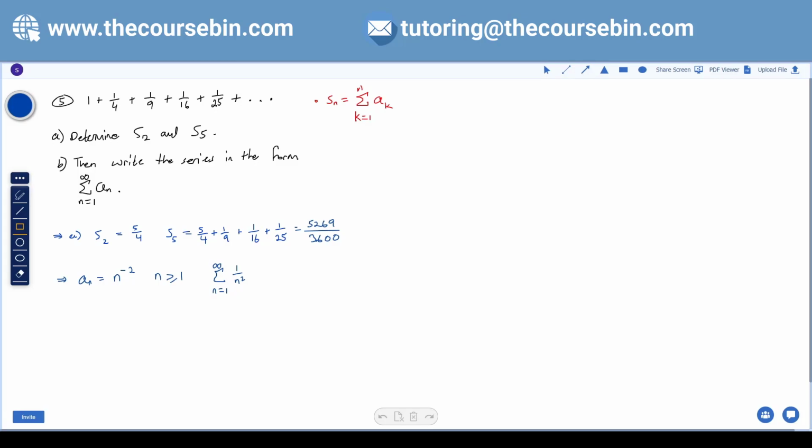So it's kind of like sequences, where instead of having an n that we replace with 1, 2, 3, and 4, you're just adding them. So S2 is the addition of a1 and a2. S5 is the summation of a1, a2, a3, a4, and a5. Correct.